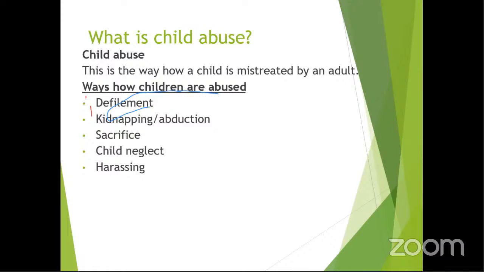We shall learn more about defilement when we get to P6. We shall learn that very well. So anything related to sex is very bad. It leads to defilement. There are a lot of bad things that can happen if someone does that to you. So in simple terms, defilement is spoiling the young child.